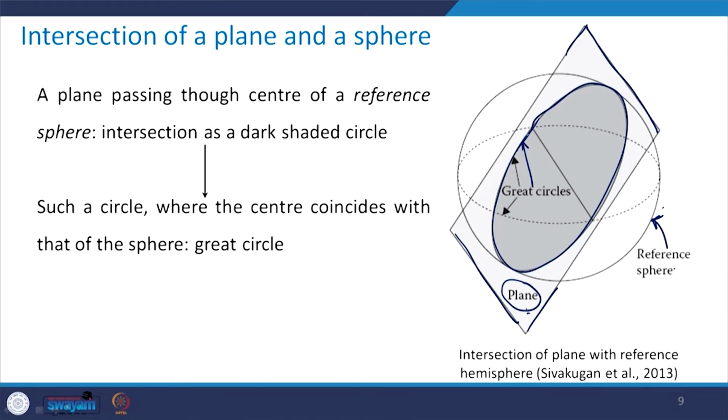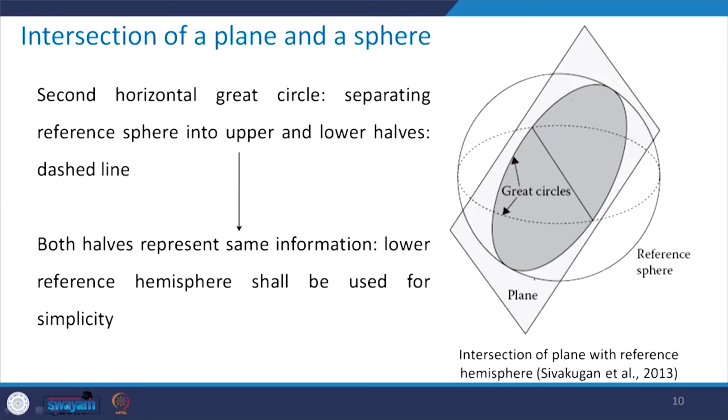Now, in this figure you can see that there is this dotted portion, that is another great circle. So, what is that all about? It is the second horizontal great circle which is separating the reference sphere into upper and lower half. That is passing from the equator.